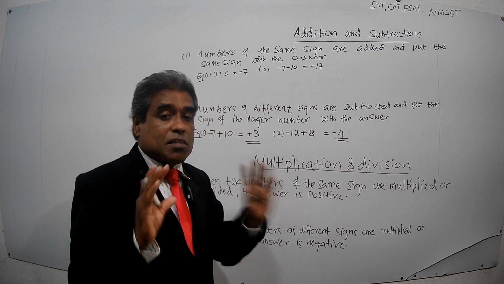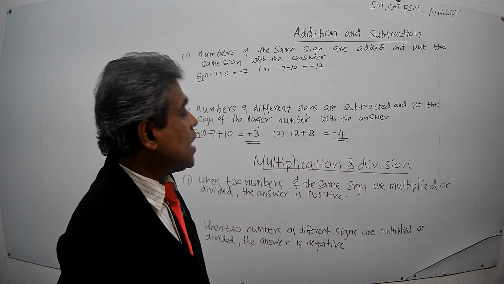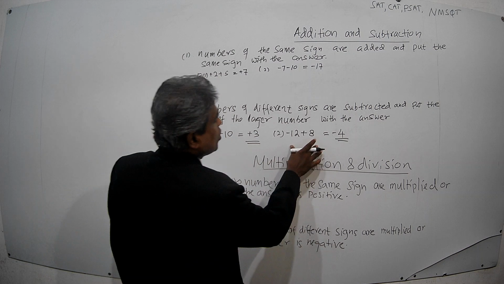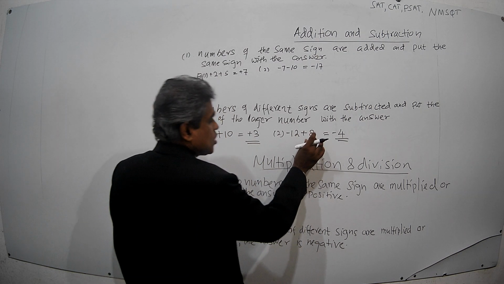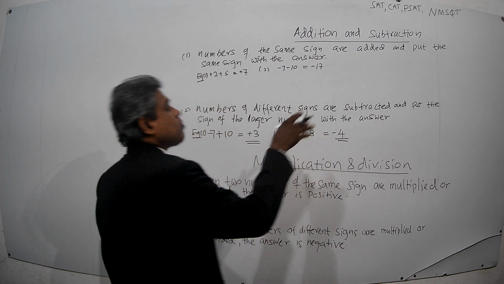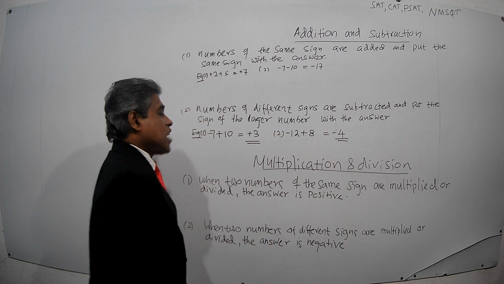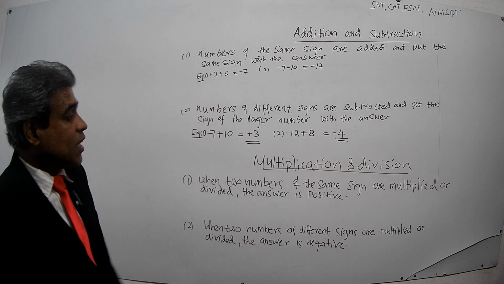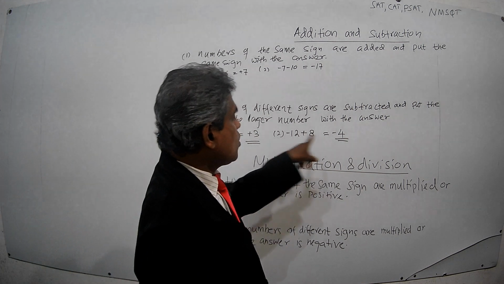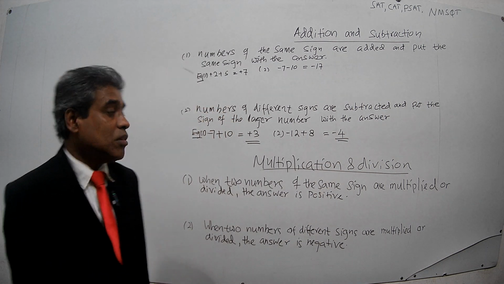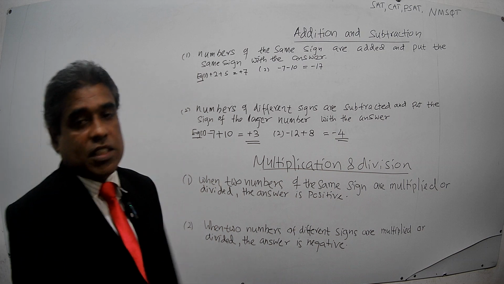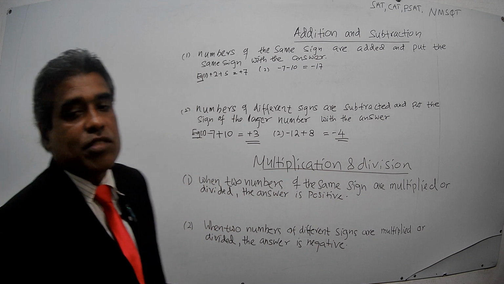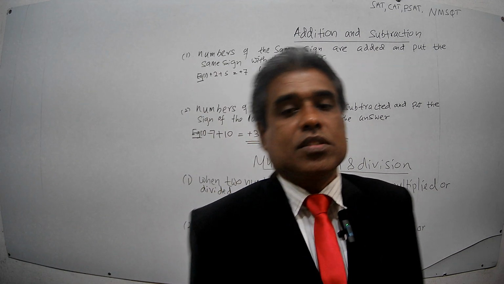Numbers of different signs are subtracted and you put the sign of the larger number in the answer. That's what you have to do. In this case, one number is negative, the other number is positive. Two numbers are different, so they have to be subtracted. Then put the sign of the larger number as the sign of the answer. Here the sign of the larger number is minus. Put minus in the answer. The answer will be minus 4.